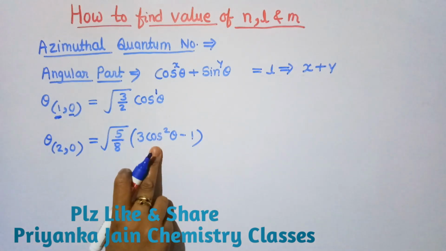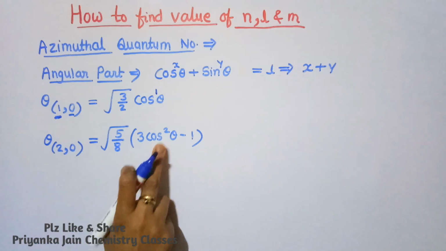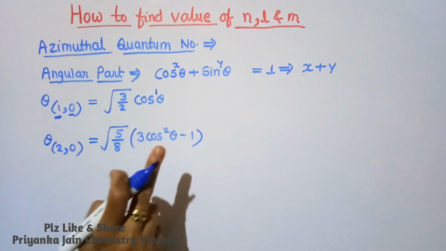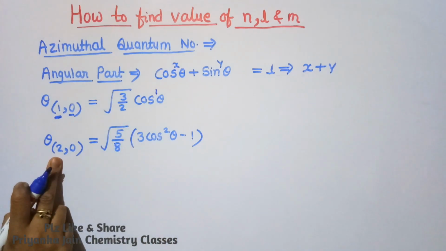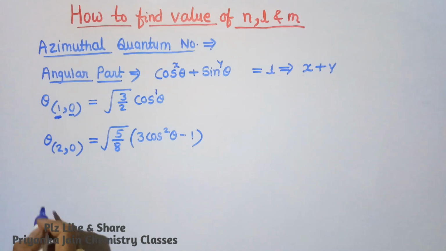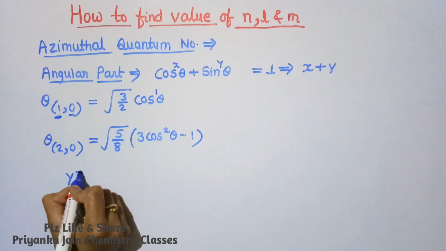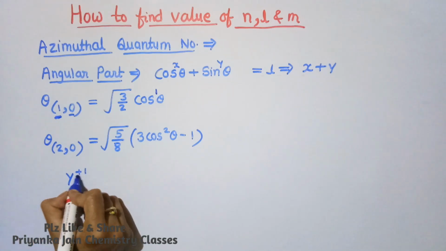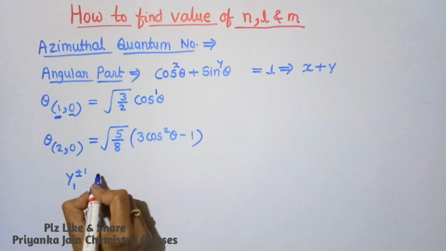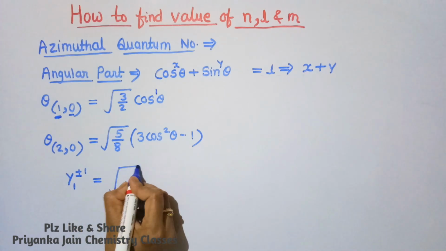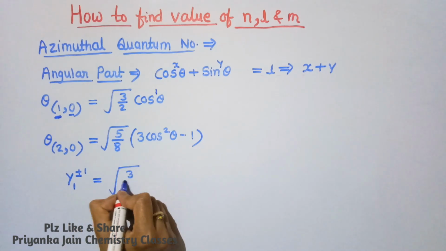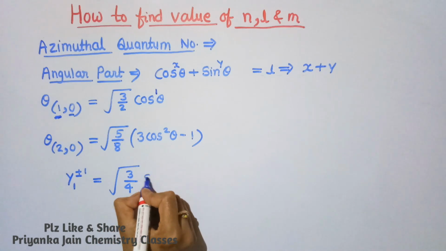Now here see, what is the power of cos theta? 2. It means the value of L is equal to 2 and the same is given here, right? Now see one more formula. If we are given a formula in this way, this is the formula for the spherical harmonics. I have also given you this in my previous lecture.